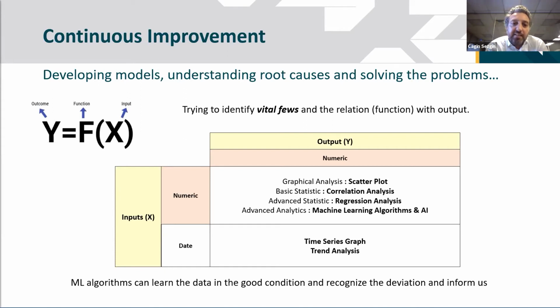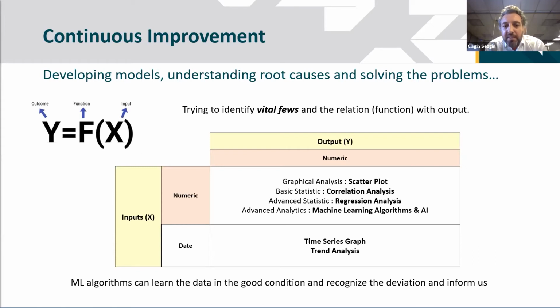There might be a lot of independent variables affecting your output, but some of them, the vital few, are very important, and you can develop a model with them. So we are trying to develop a model and find root causes for the problems.